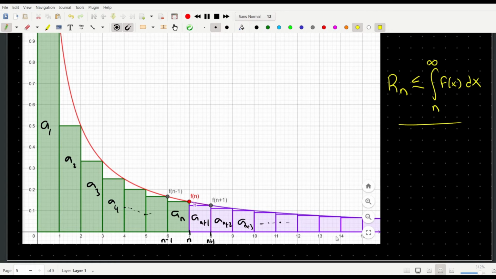Specifically because the improper integral from n to infinity, or all of this area right here that I'm shading in pink, is a larger value than the sum of the areas of all of these rectangles from part 2.